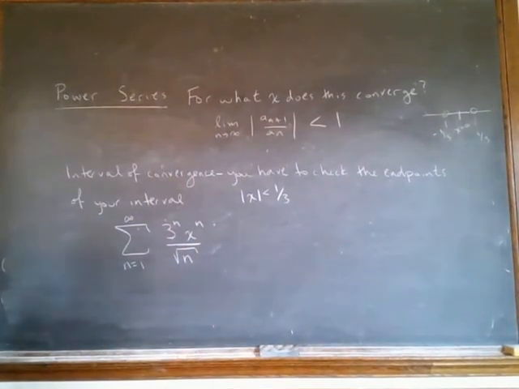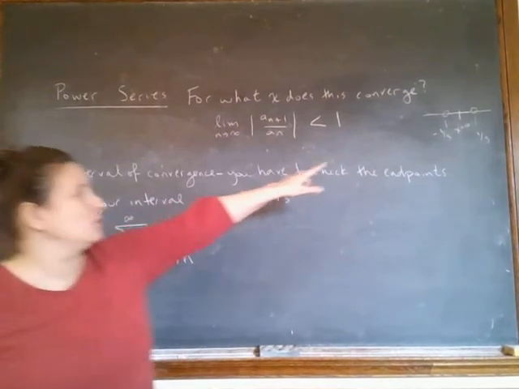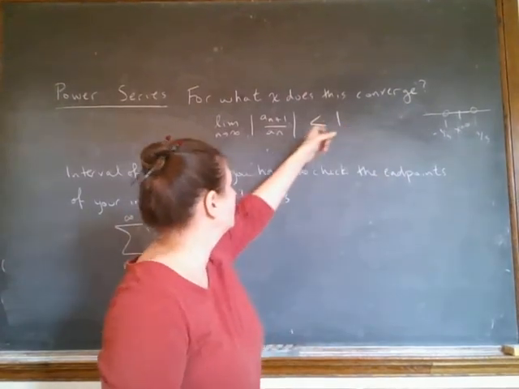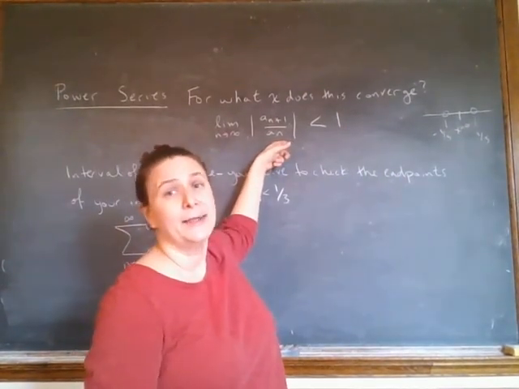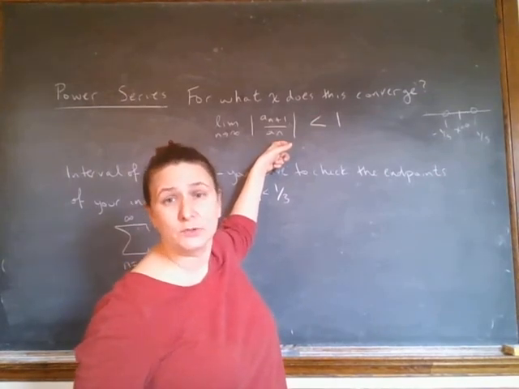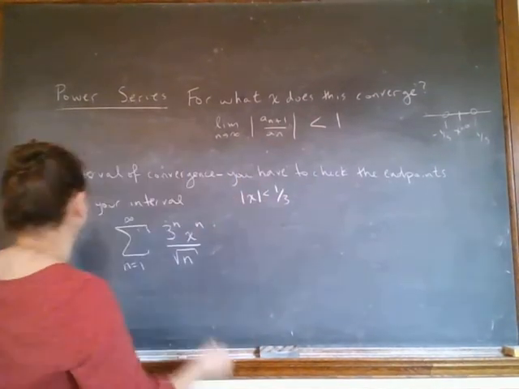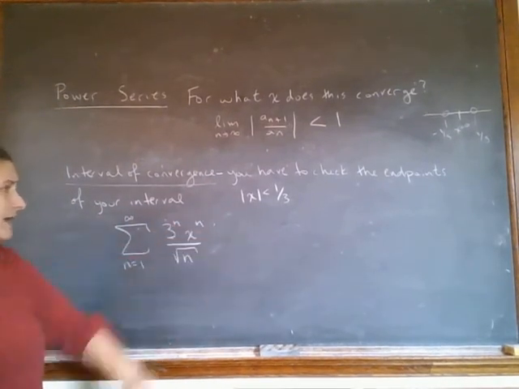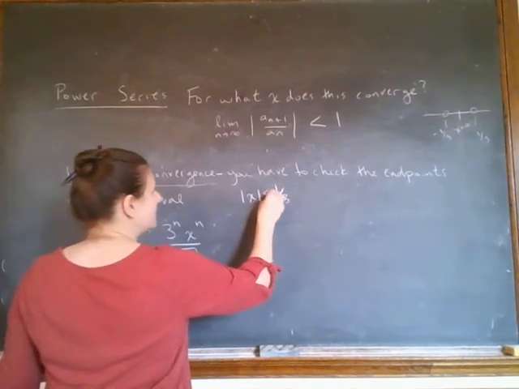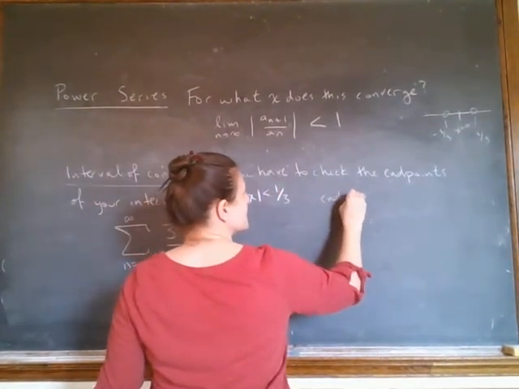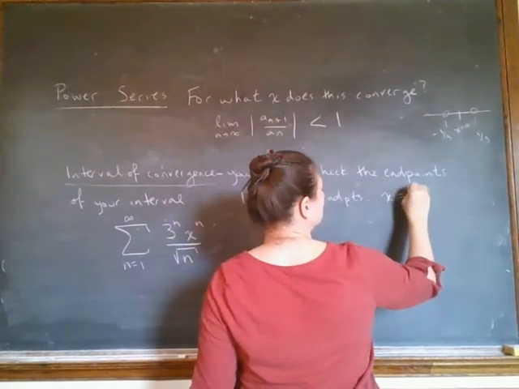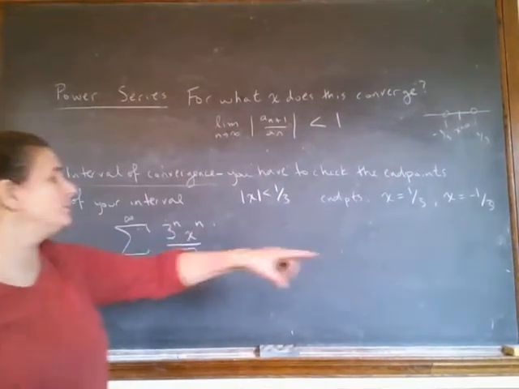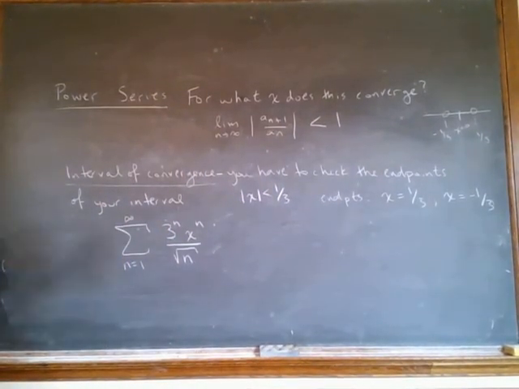The issue is we don't know if those circles are open or closed, because those circles correspond to where this ratio was equal to 1, and the ratio test tells us nothing about that situation. So if they ask you for the interval of convergence, you have to go back and also check the endpoints. My endpoints are x equals 1/3 and x equals negative 1/3. I have to put both of those into my series and see what happens.